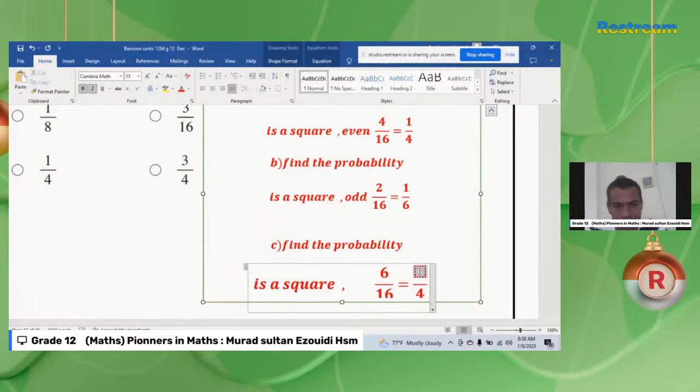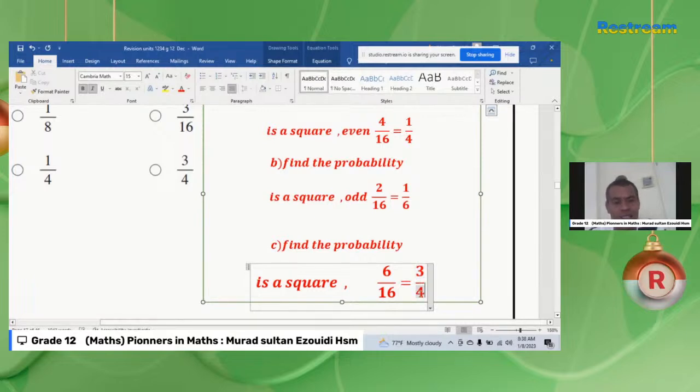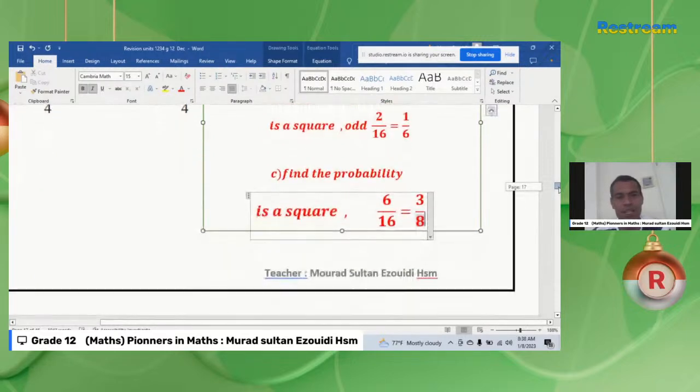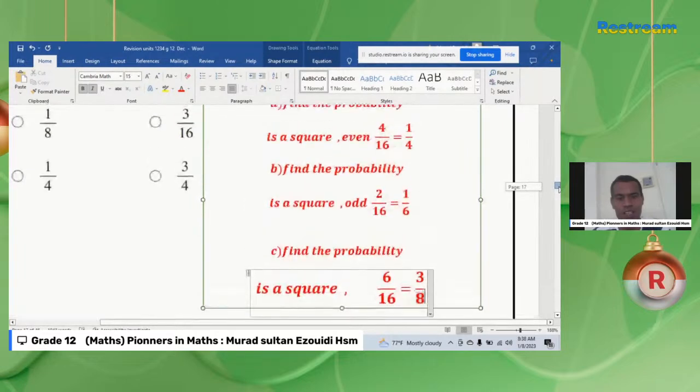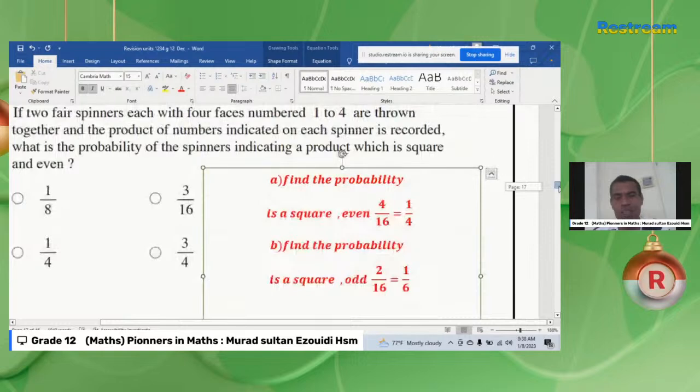So I will divide by the common factor, 2. 6 by 2 is 3, and 16 by 2 is 8. So here we have 3 possible questions that can come in this kind of question. I wish that you got the point. How can you explain this?